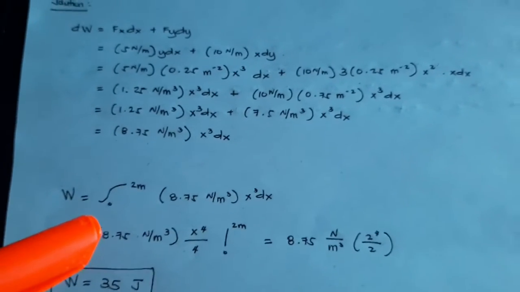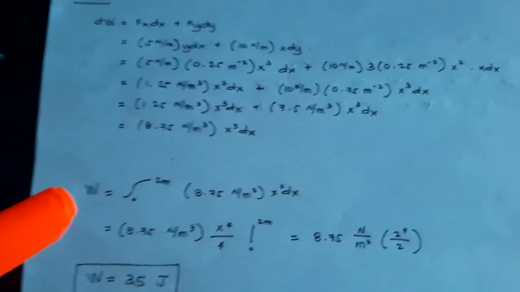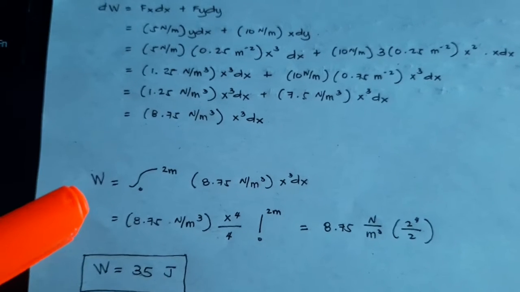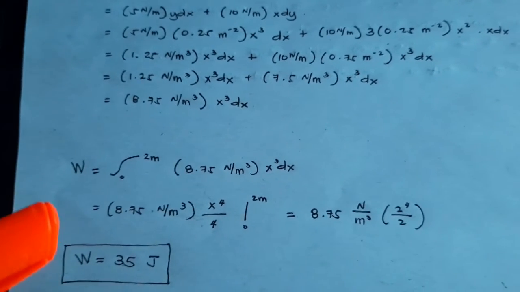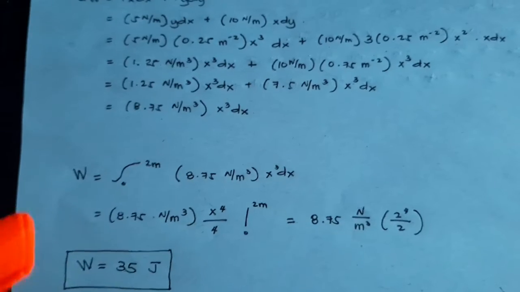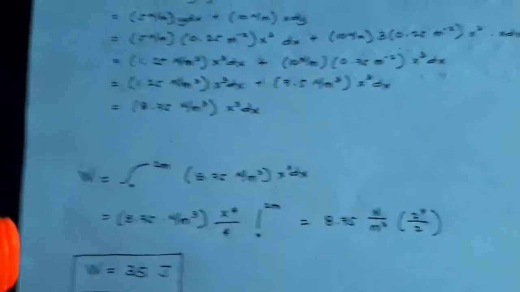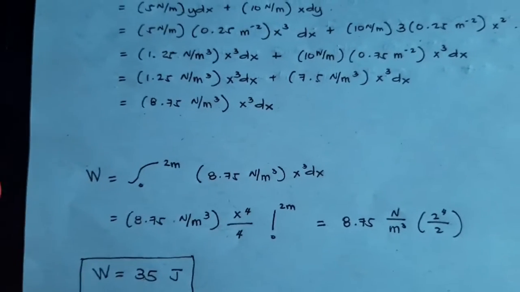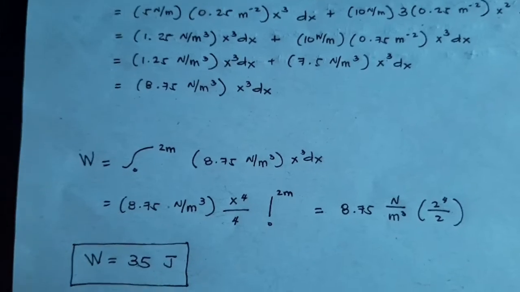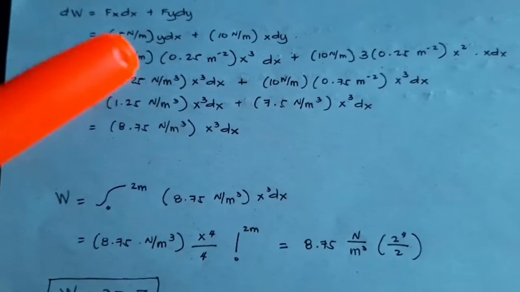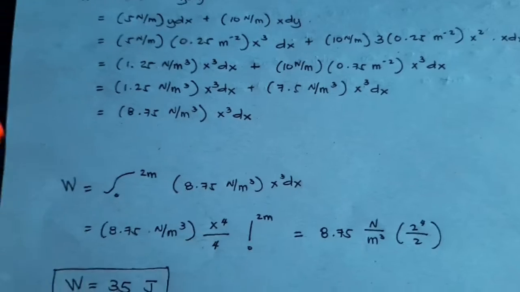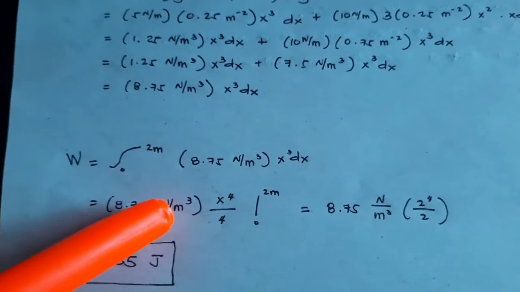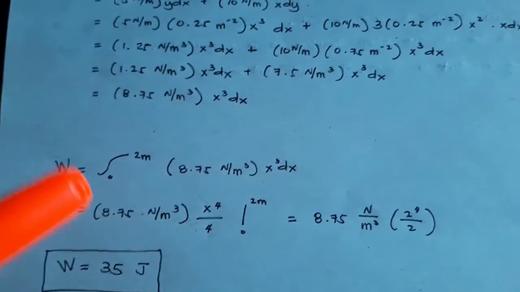So the next step is finding the value of the work, which is the integral. Finding the integral is similar to the power rule for derivatives, but for the integral we add 1 to the exponent.